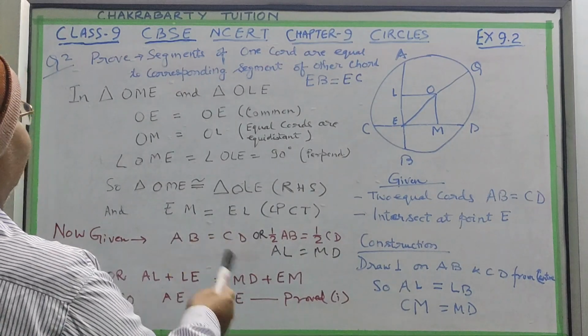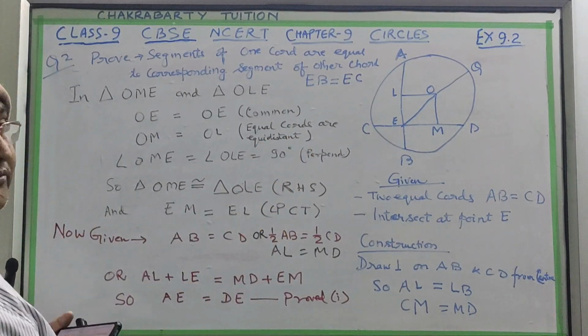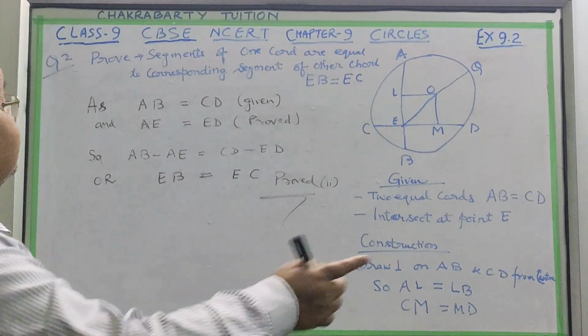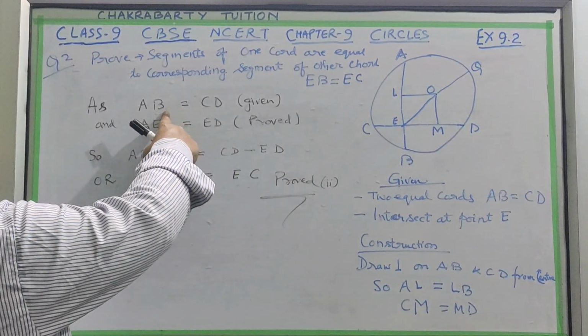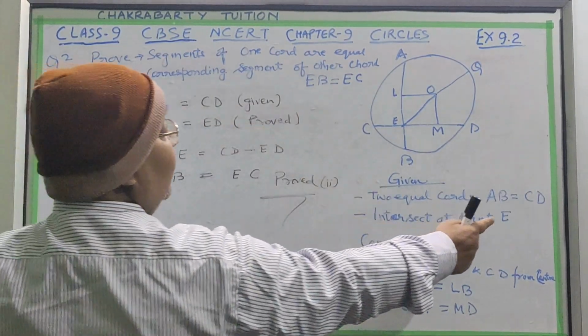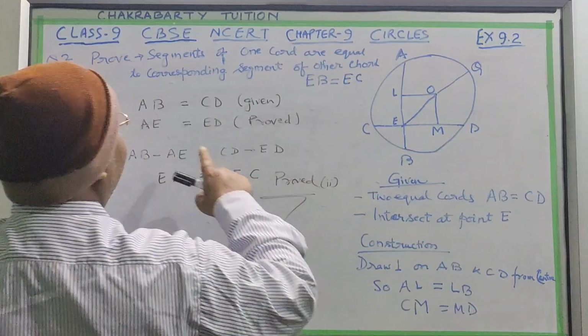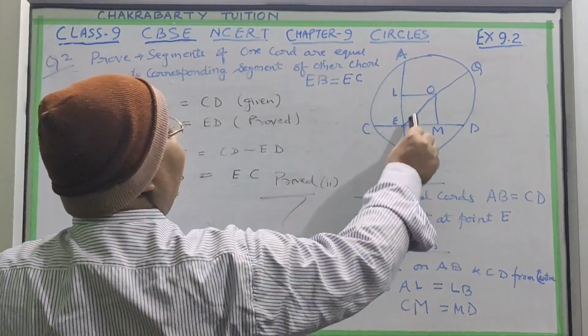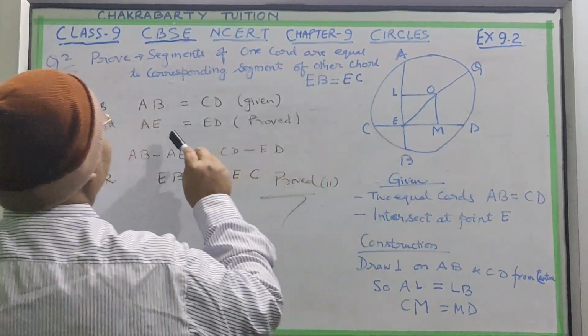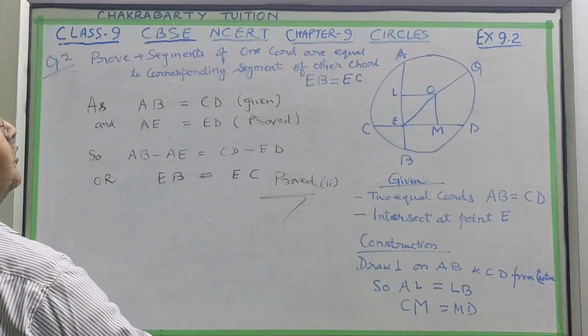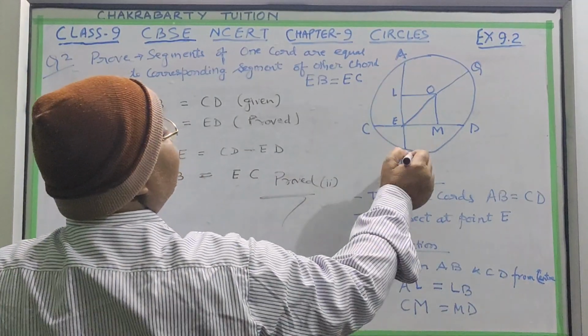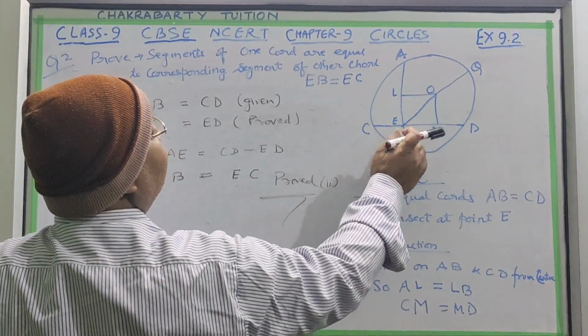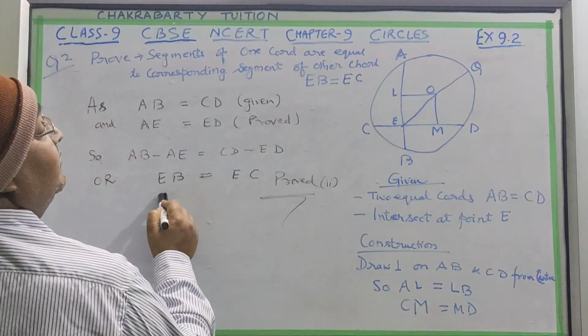Now the rest of the question. Here you see AB and CD are equal. It is given to you, and you have already proved AE is equal to ED. So if from this line you remove AE, EB will remain.